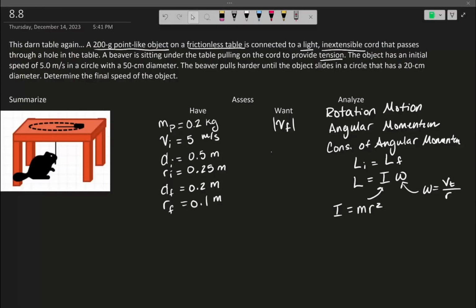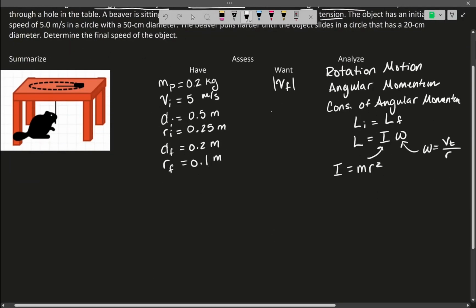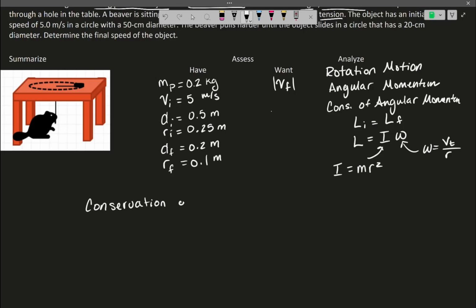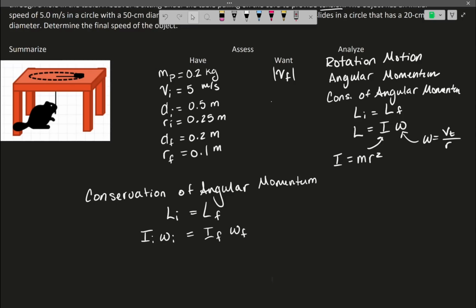So I'm going to go ahead and try to work my way through this. The first thing that I want to do is write down my conservation of angular momentum. That means that my initial angular momentum of the system has to be equal to the final angular momentum of the system. So my initial moment of inertia times my initial angular velocity is going to be equal to the final moment of inertia times the final angular velocity.